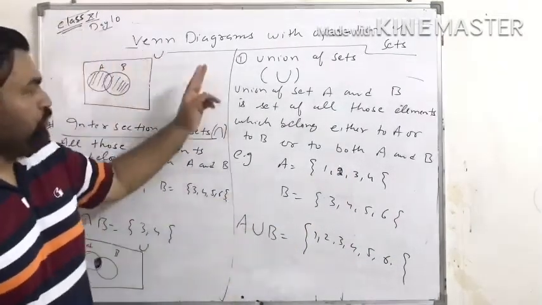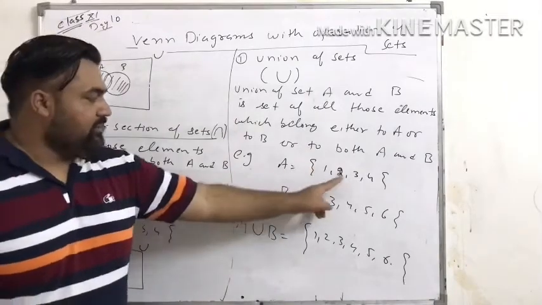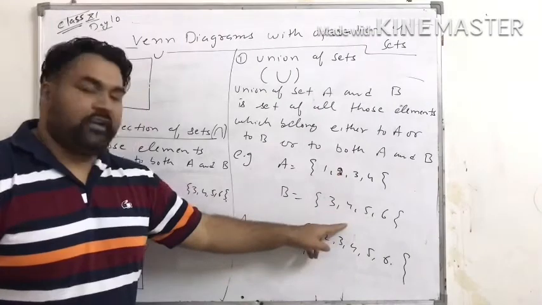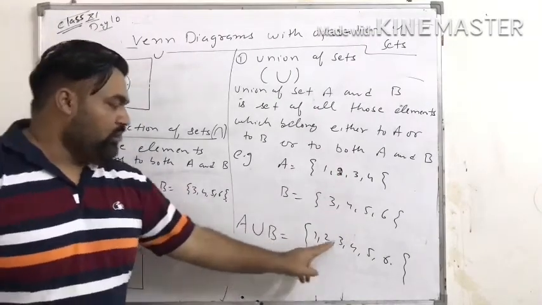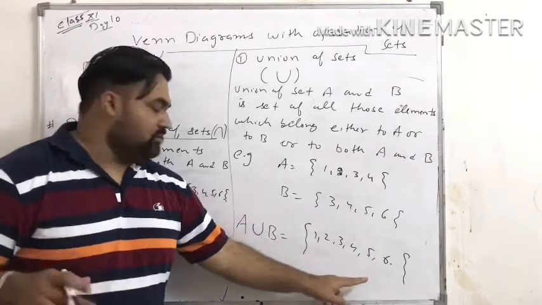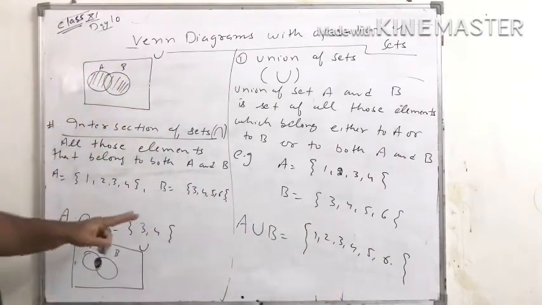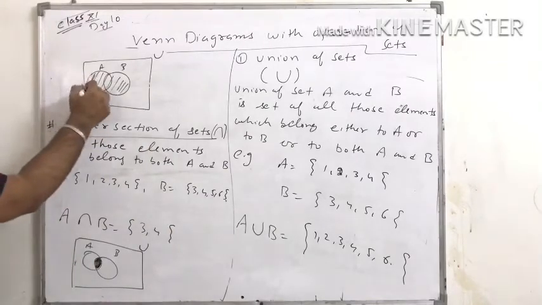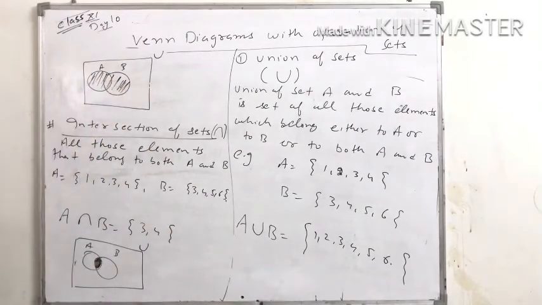So A union B is {1, 2, 3, 4, 5, 6}. Remember one thing, the repetition of elements is not allowed. So how do we represent A union B? A union B means all the elements of A and B.